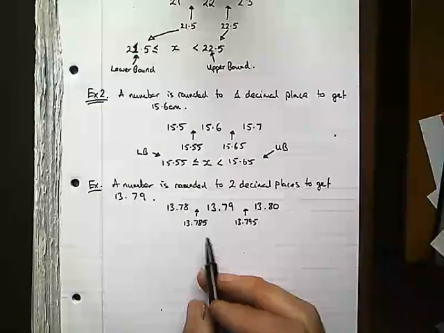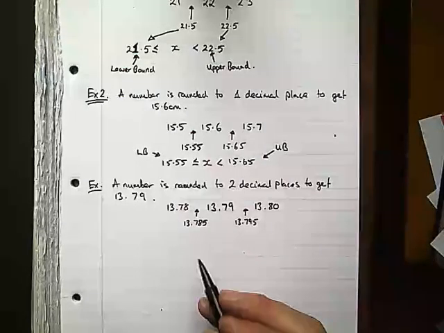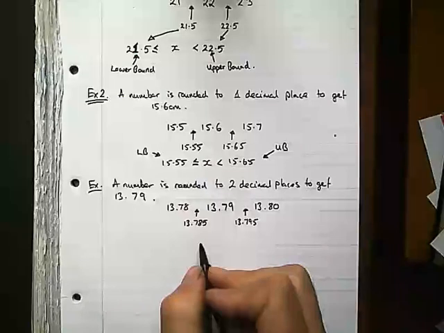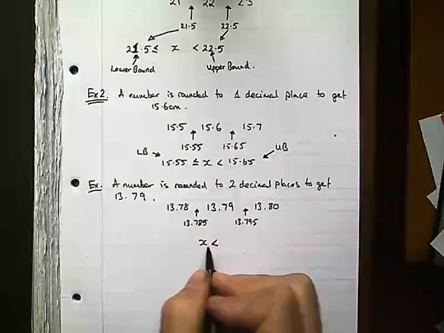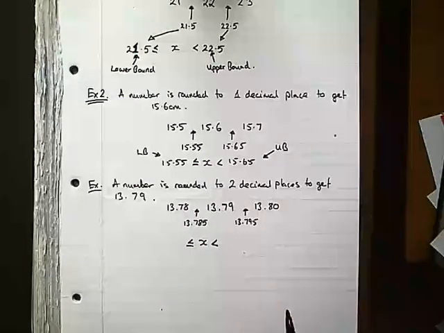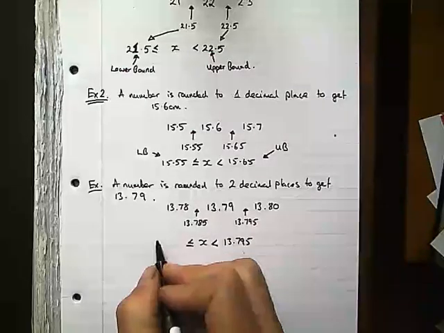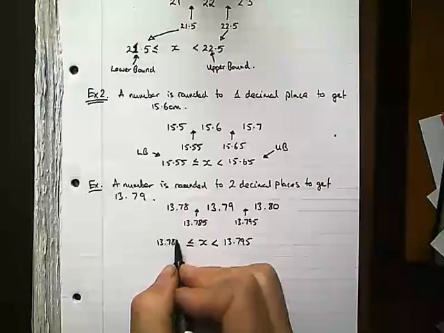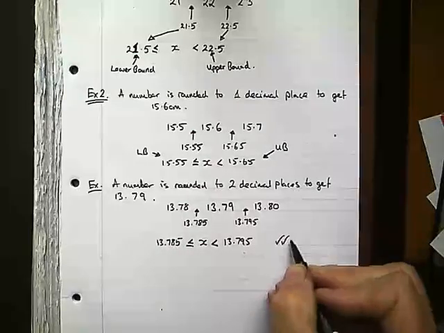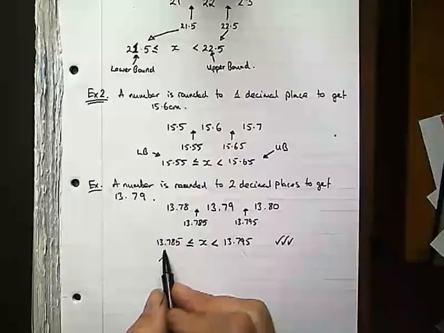And these are my bounds for my interval. So we've got x must be less than something or greater than or equal to something: less than 13.795, and greater than or equal to 13.785, and you're done.